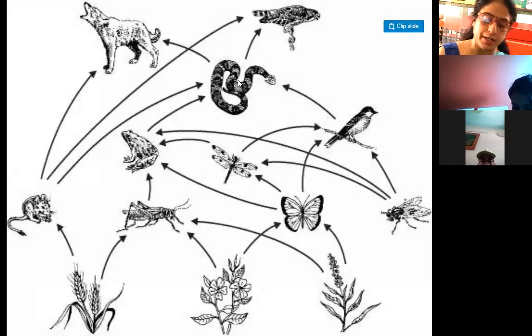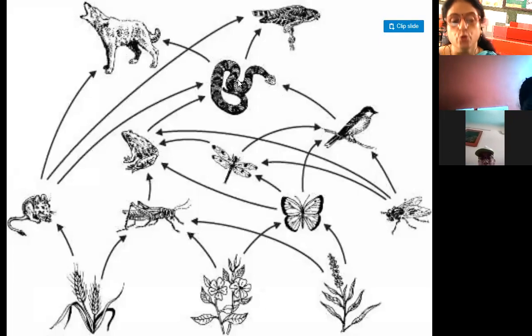So when these food chains are interlinked, where the top carnivorous animal may be the same, it is called a food web. What is it called? Food web.